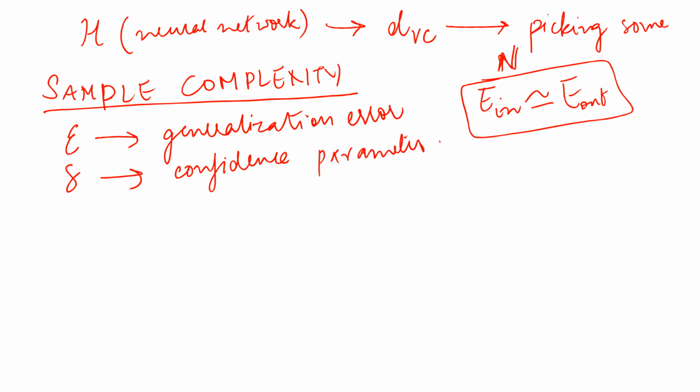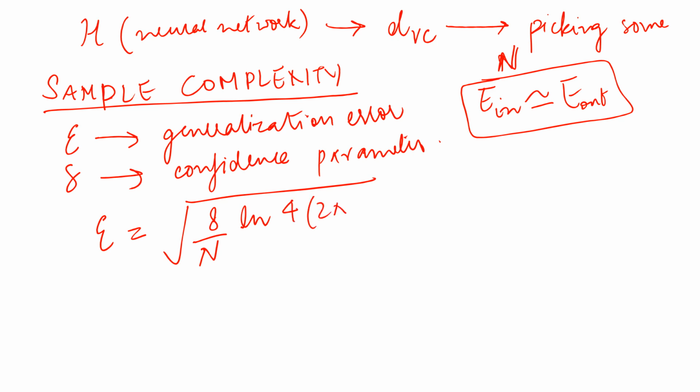And how are they related to one another? So epsilon would be, and this is a bound of course, 8 over n log 4 to n dvc. Of course, I've ignored the 1 there because I'm just trying to establish the relationship here, and delta, right?